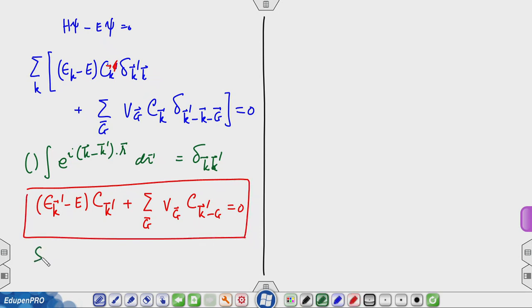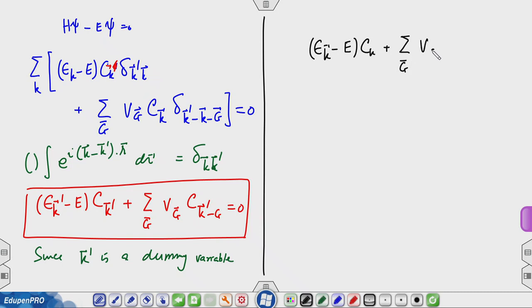And since k prime is a dummy variable, it could be anything. I will just simplify the notation and write it in terms of k as epsilon k minus E C k plus summation over g V g C k minus g equals 0.